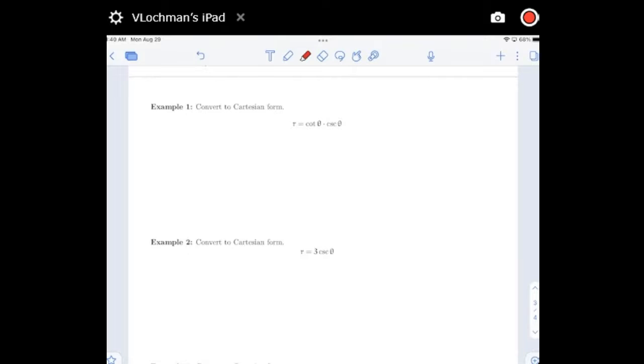Let's take a look at this curve right here. It says r is equal to cotangent of theta times cosecant of theta. What is the main goal here? The main goal is to rewrite it in terms of x and y.